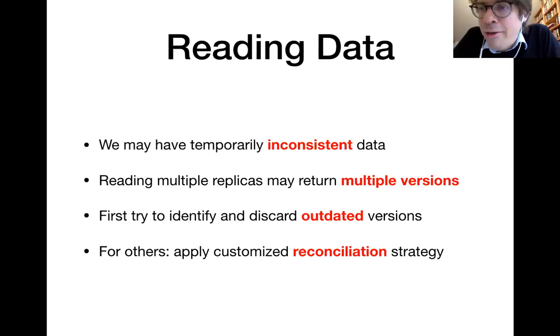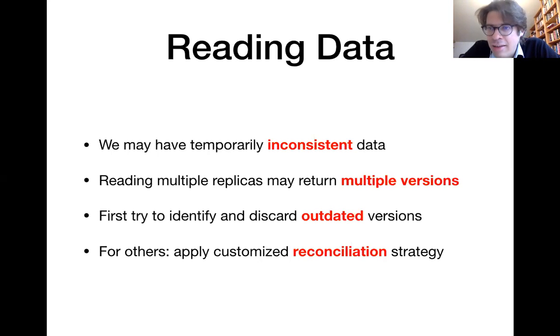Since we have temporarily inconsistent data, it means that when reading objects, you might actually get multiple different versions of an object. And in order to merge those conflicting reads together, Amazon Dynamo applies two strategies. First of all, it tries to identify and discard outdated versions, if it can do so in a generic manner.